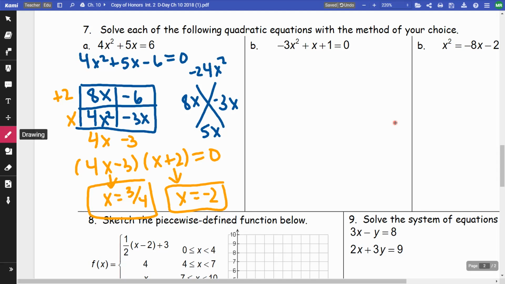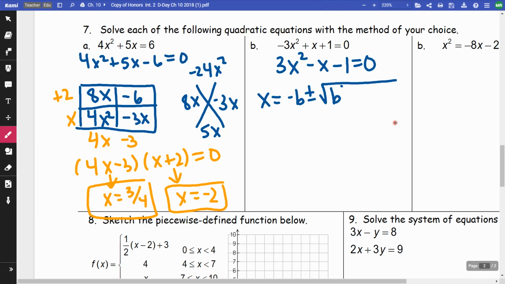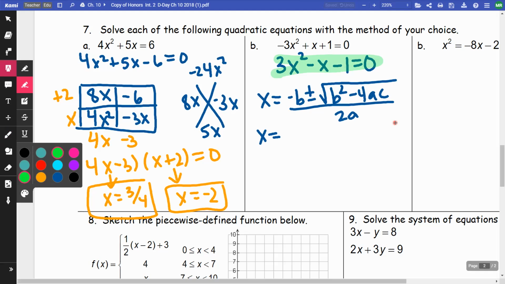Now on the next one, I'm personally going to multiply everything by a negative. So I have a positive 3x squared now, a -x, and -1 equals 0. This one I do not believe is factorable, so I'm going to use quadratic formula. So -b plus or minus the square root of b squared minus 4ac all over 2a. And my b, again, I'm looking at it right here when I rewrote it.